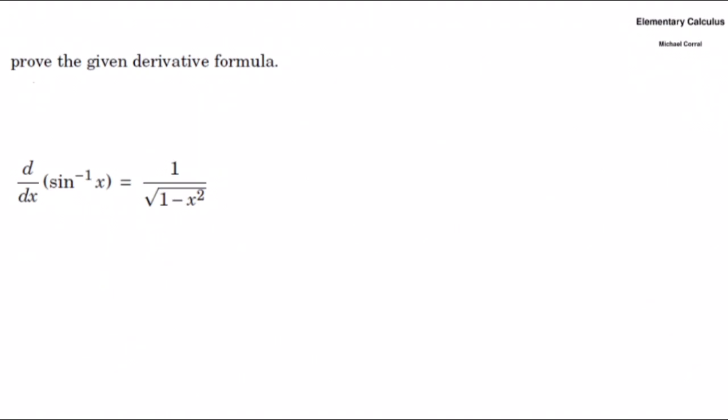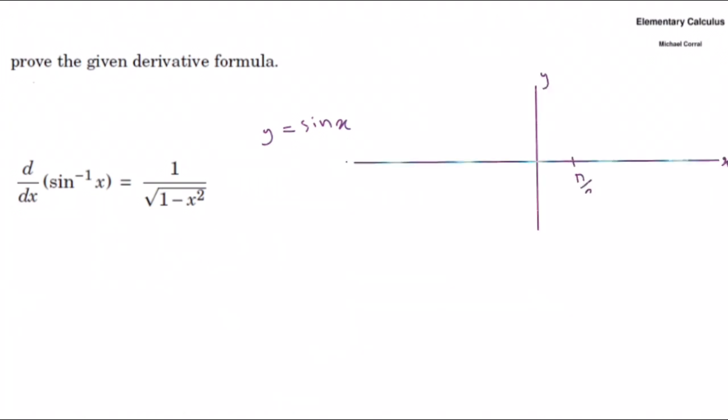Before proving this formula, we know that the function y equals sine x has a graph like this: pi over 2, pi.